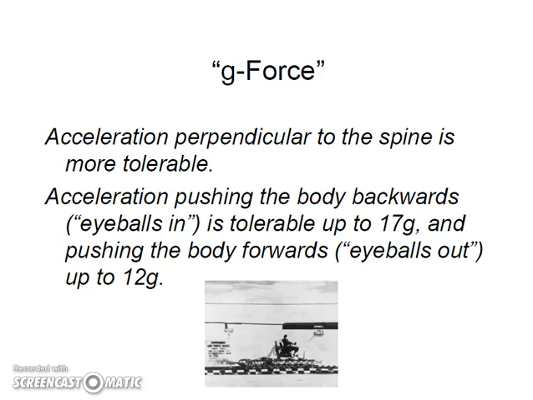By contrast, lying down, or acceleration perpendicular to the spine, is more tolerable for human beings. We can actually manage about 17 Gs lying on our backs effectively, or 12 Gs in the opposite direction.